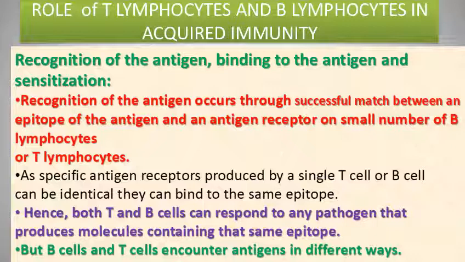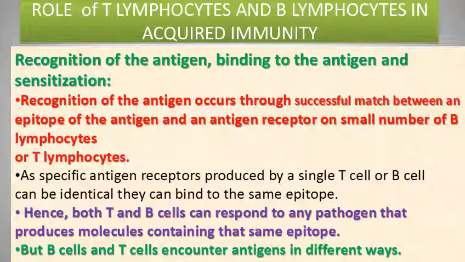Okay, you know what an epitope is, a small accessible portion of the antigen which binds to the antigen receptor. So it should match the epitope of the antigen and the antigen receptor on a small number of B lymphocytes and T lymphocytes. So the antigen should match the antigen receptor.